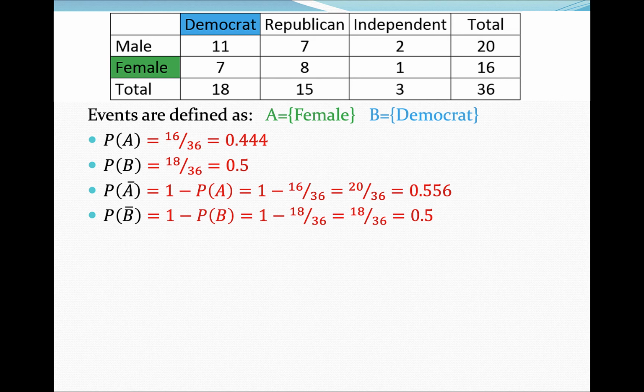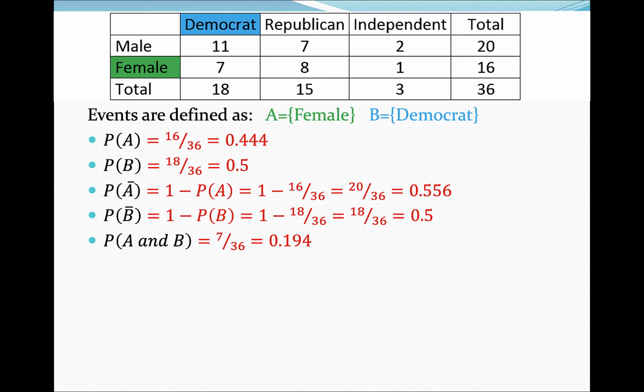The and. So the probability of A and B here means we're looking at people who satisfy both events. How many people were both female and identified as Democrat? And you can see that the overlap there from that female row and that Democrat column, there are 7 people that identified as both. So the probability of A and B is simply 7 over 36, which is 0.194.